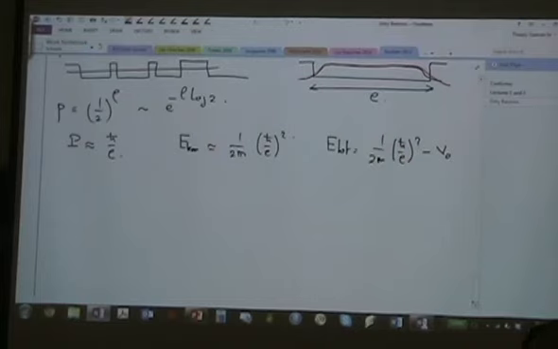So if I have a rare event with L large enough, it doesn't need to be infinite, it just needs to be such that this is negative, which means E total is negative, then I gain energy. So instead of putting the boson in the k equals 0 state, I put it here. But if I can put one boson here, and they are non-interacting, I can put all the bosons.